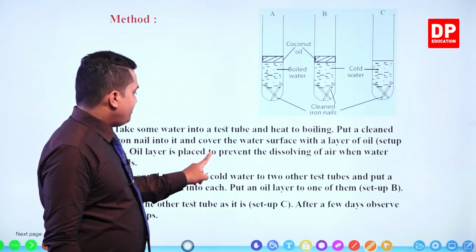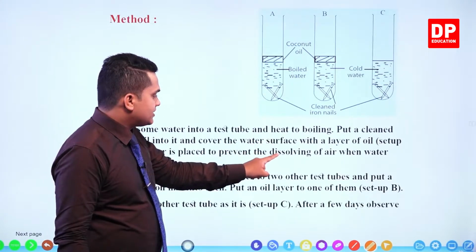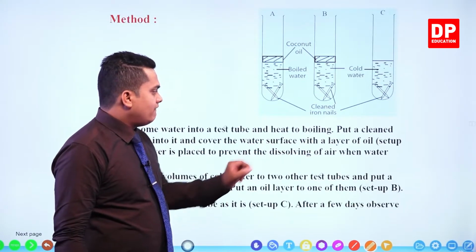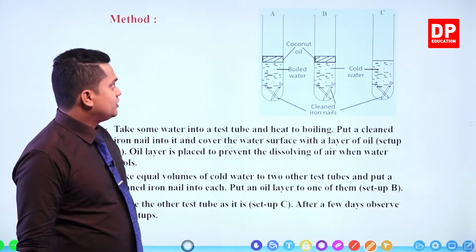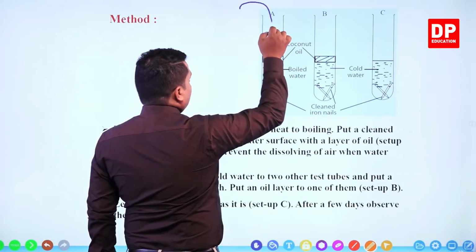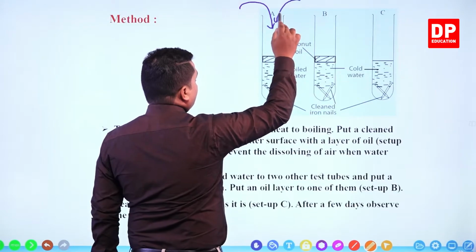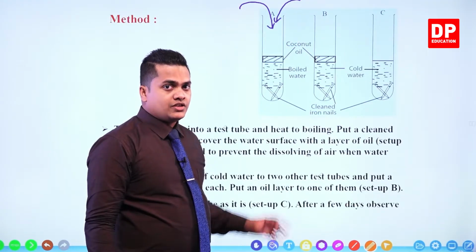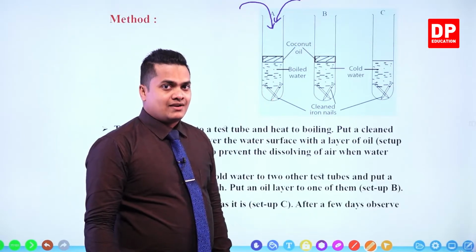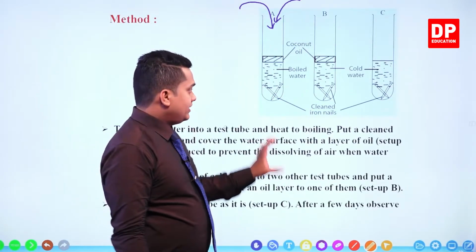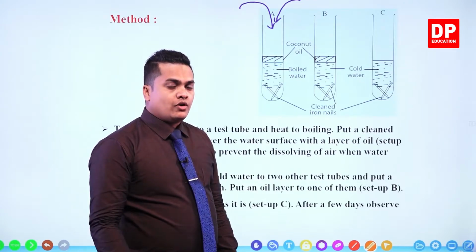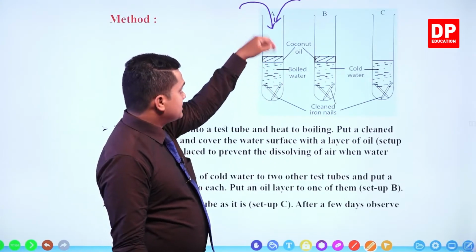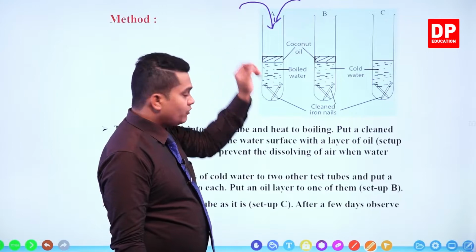The oil layer is placed to prevent air from dissolving when the water cools. You know that there are different types of air particles in our atmosphere. When this system cools down gradually, air particles are going to dissolve in the water.